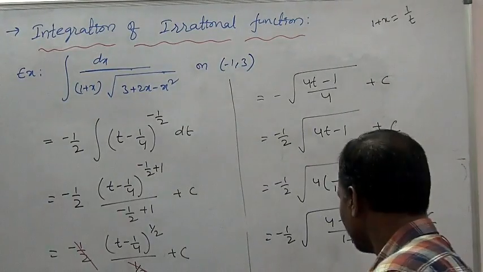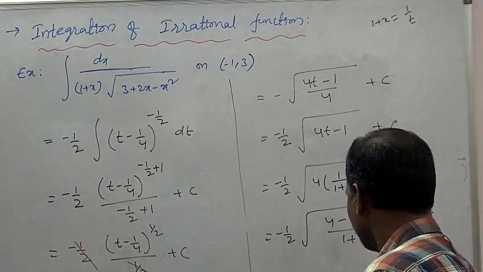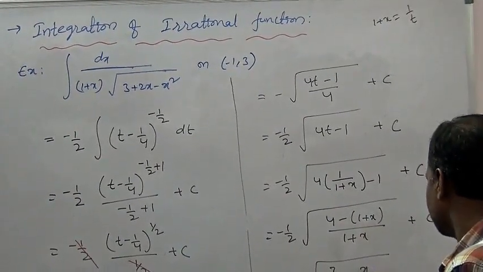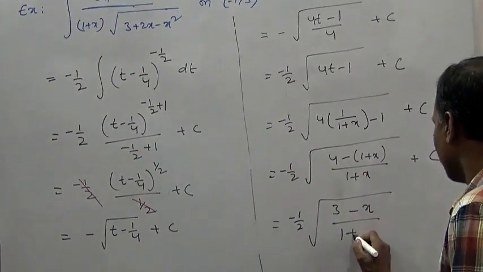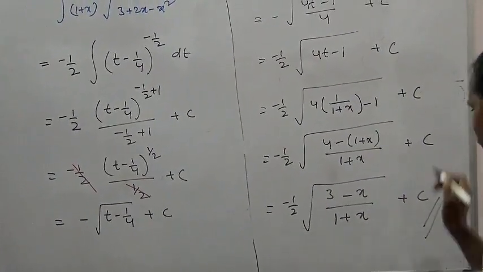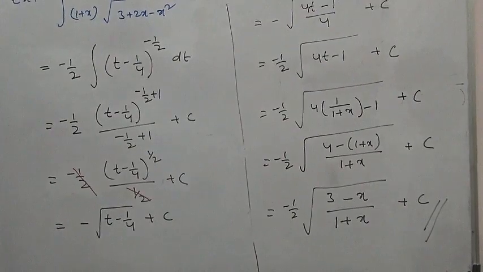Now what is the value of this? Minus 1 by 2 square root of 3 minus x by 1 plus x, plus c. So this is the answer. Understood?